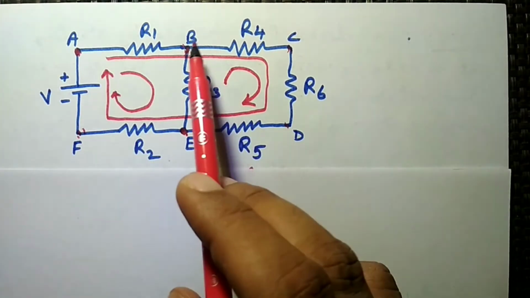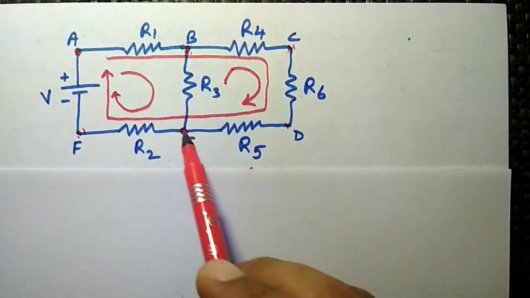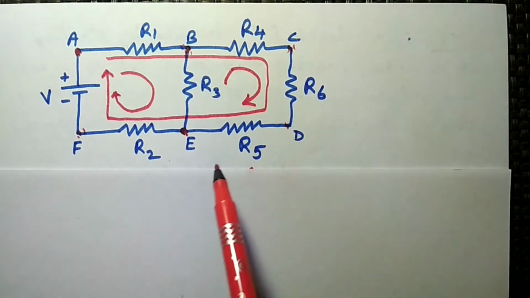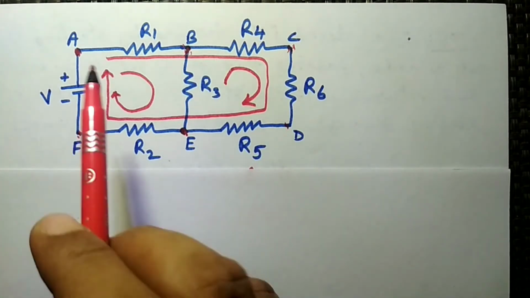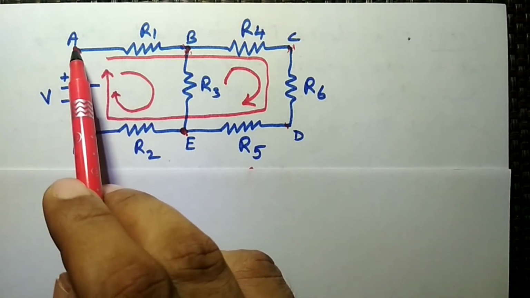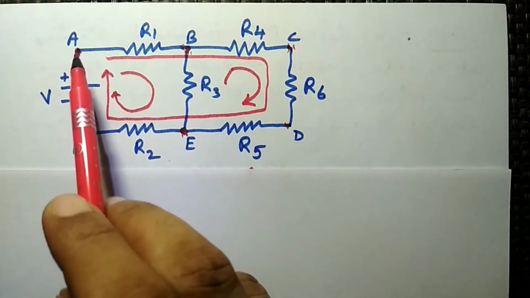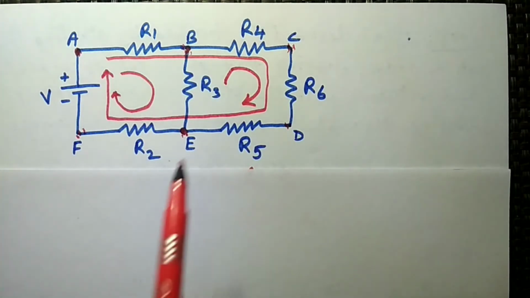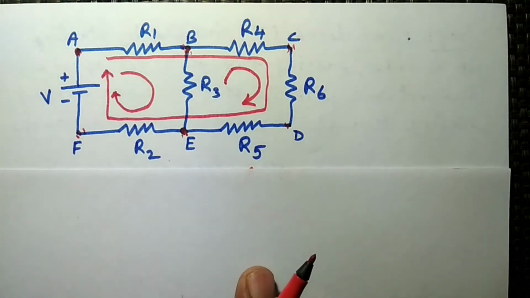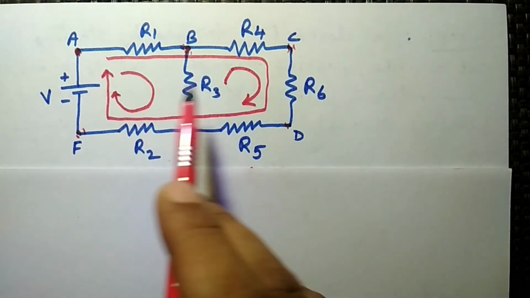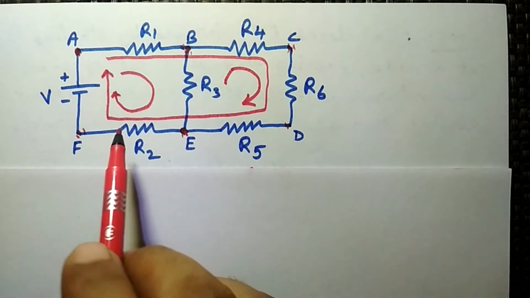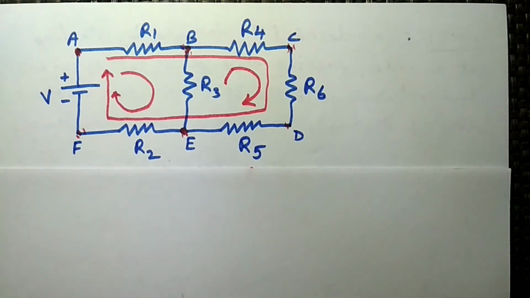The second one is B, C, D, E and B, again another loop. And if we consider the whole circuit, that is A, B, C, D, E, F and then A, it is another loop. So in the given circuit we have a total of three loops: loop 1, loop 2, and the whole circuit as the third loop.